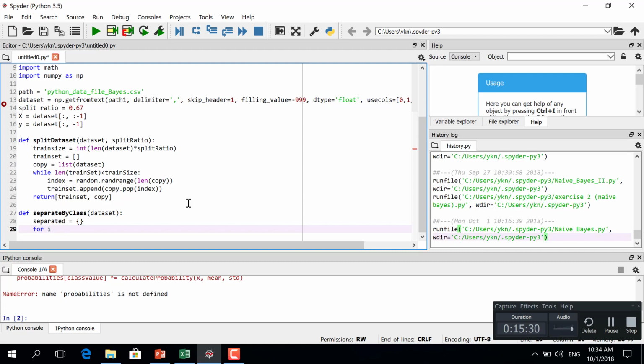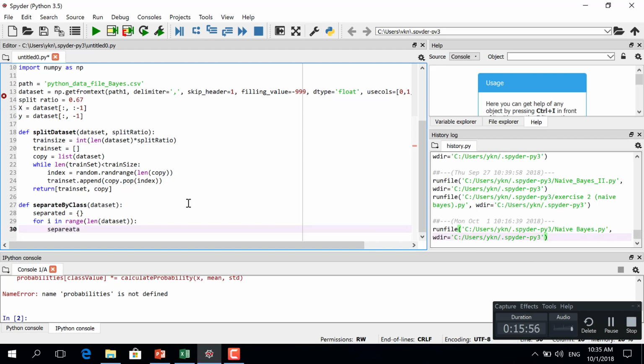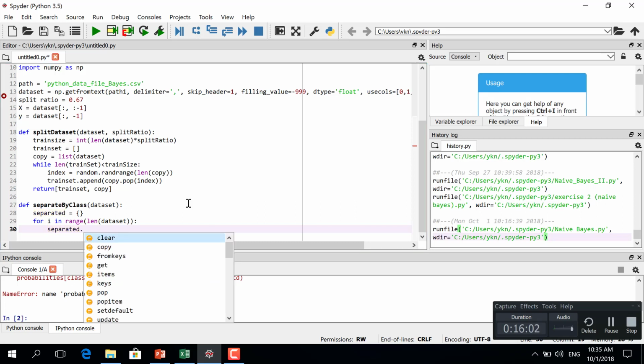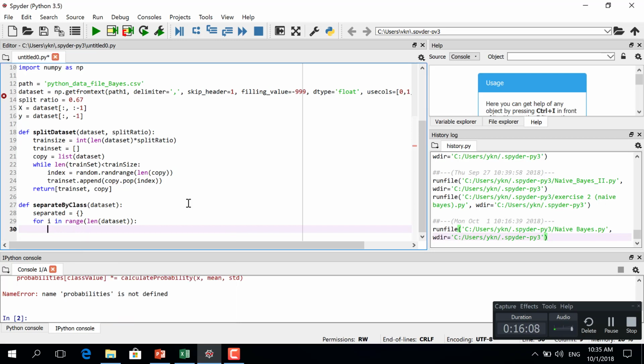So here we have for i, okay, in range of data set, and then separated. All right, this dot, sorry, this will be, yeah, we have to put the factorization of the data.